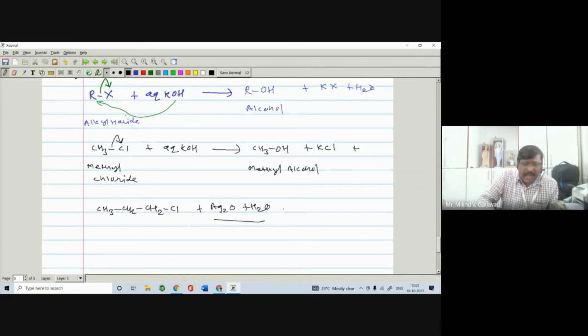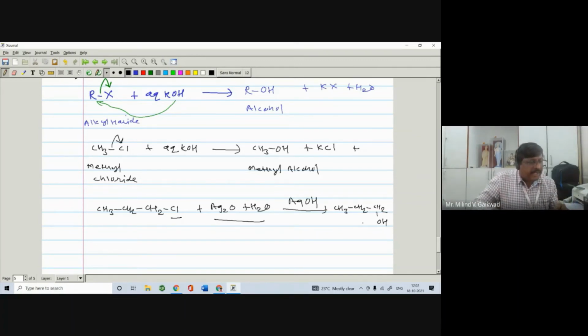Both will react and there is a formation of AgOH, right? The Cl is replaced by OH and you get the corresponding CH3CH2OH. So the reaction also takes place in the presence of AgOH. So this is the reaction.